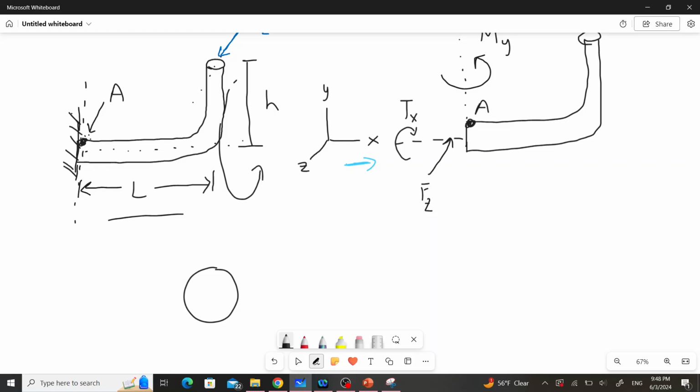So we'd be seeing a circular cross section. That point A would be right here at the top, and it's right along the midline. So for bending in the y direction, this would be along the neutral axis for bending about y.